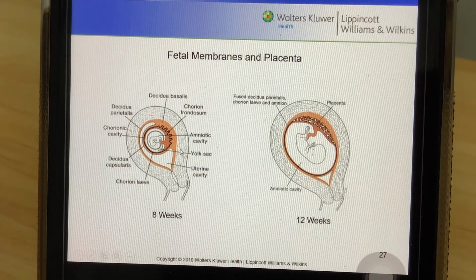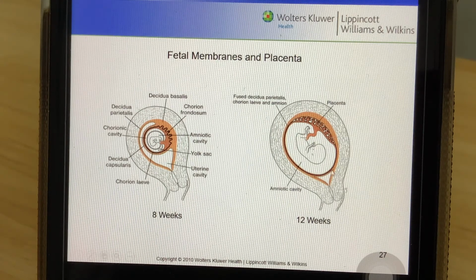So this surface has villi and is called the chorion frondosum, or the leafy chorion. Okay, the embryonic surface is covered with decidua capsularis, and has a chorion laeve or smooth chorion.